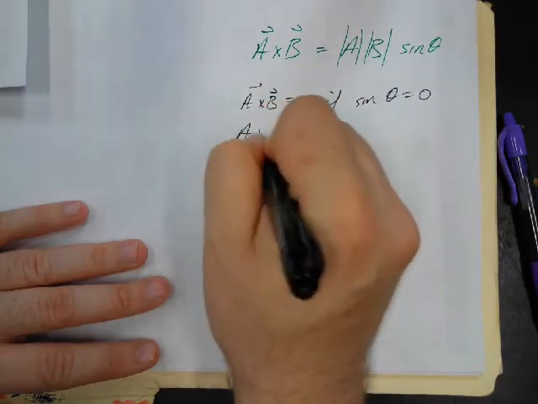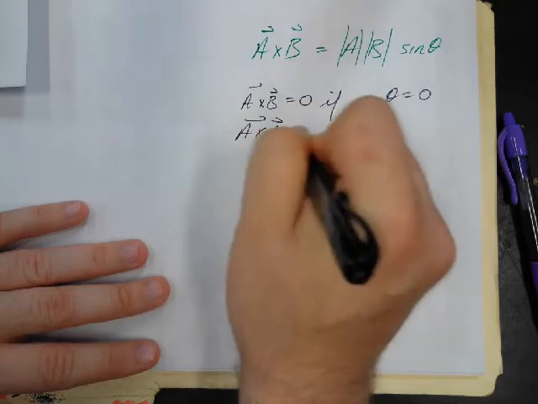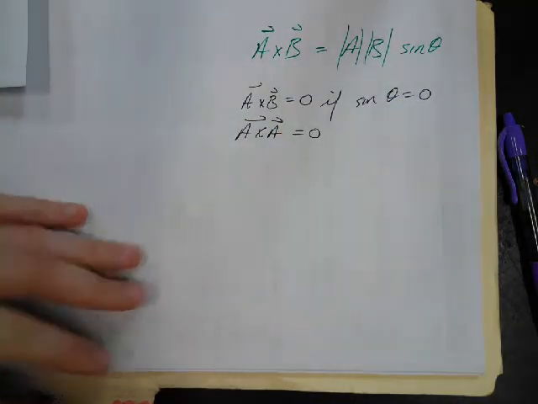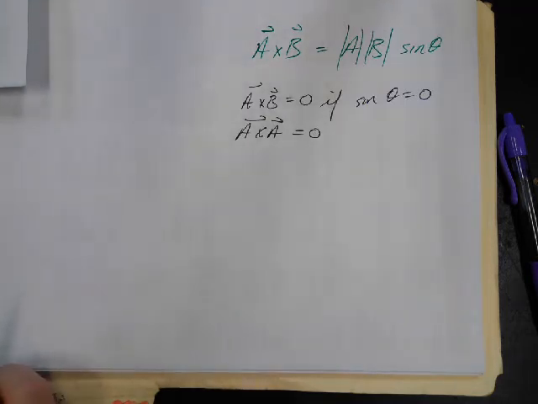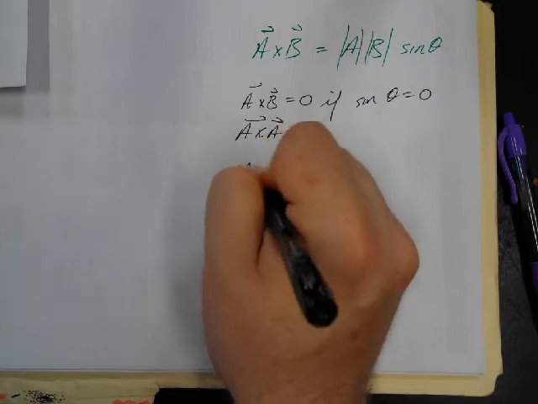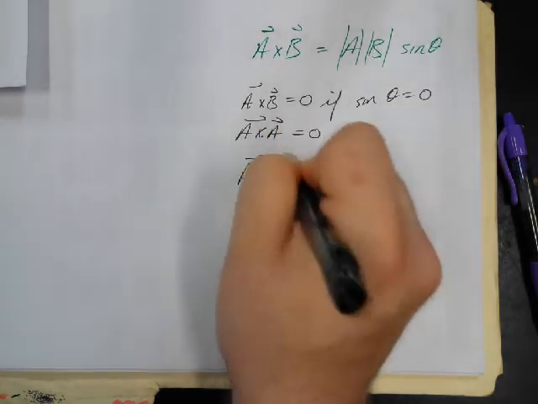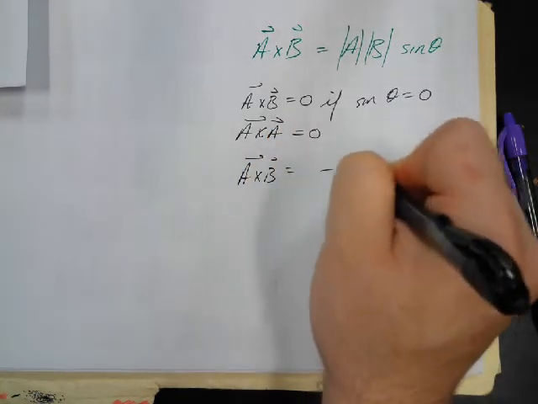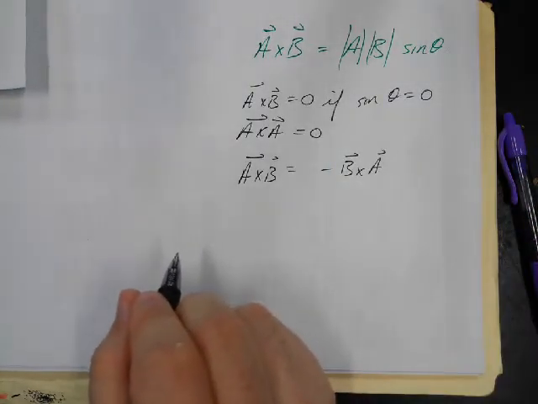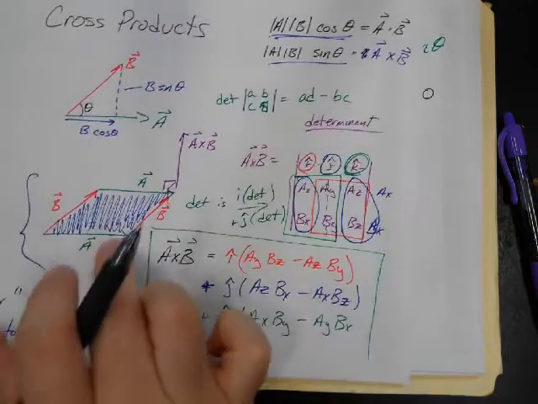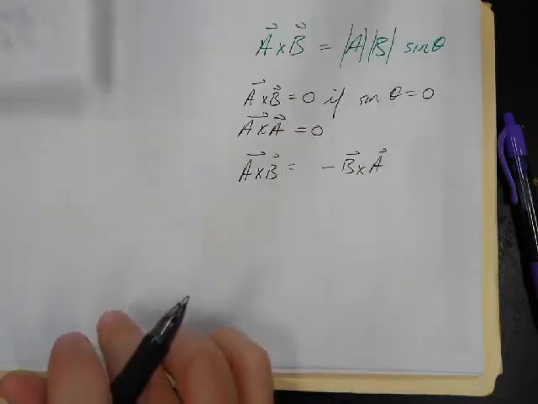Or A cross itself is always 0, because by definition, a vector is parallel to itself. Now, there's also the bit that we talk about a little bit about A cross B is minus B cross A. So there's a reason for that, and it has to do with the right-hand rule.